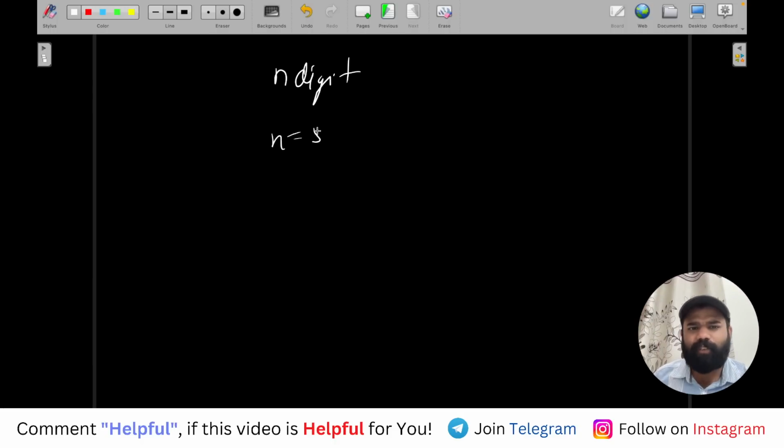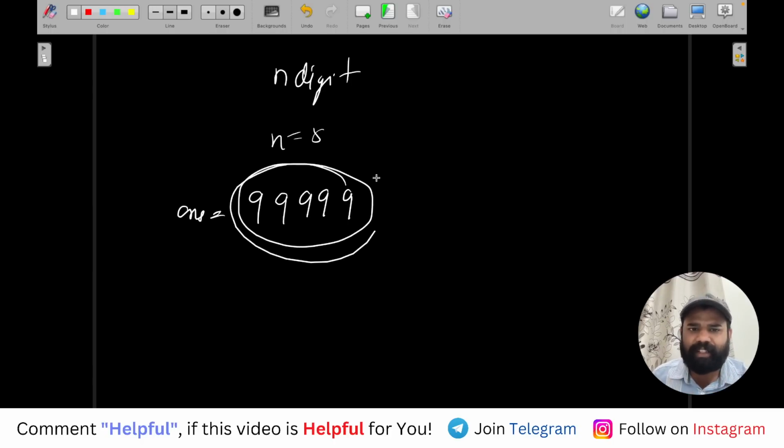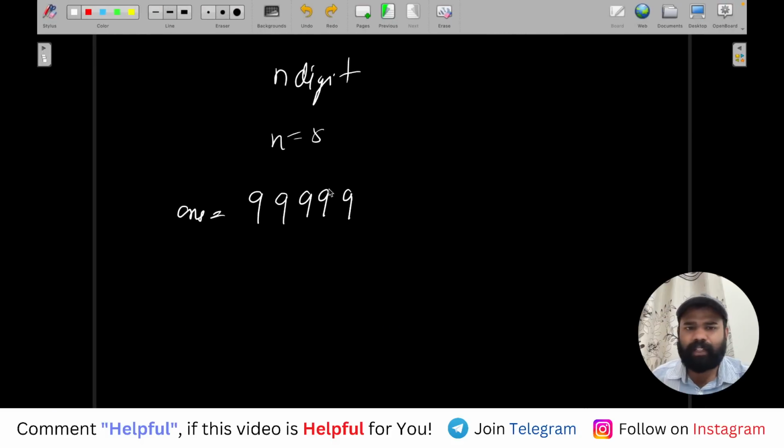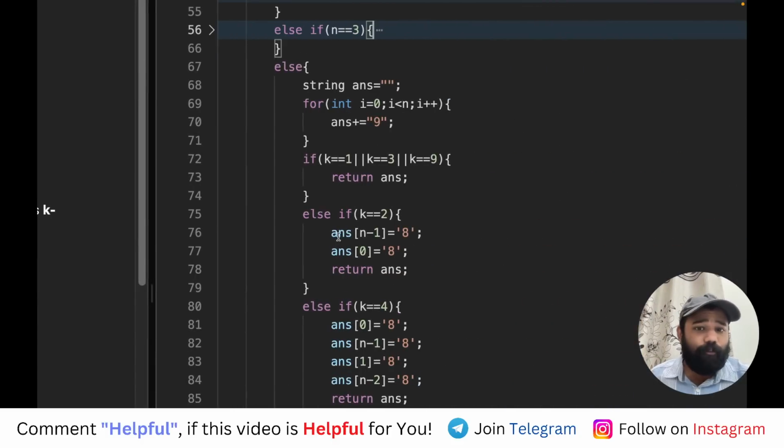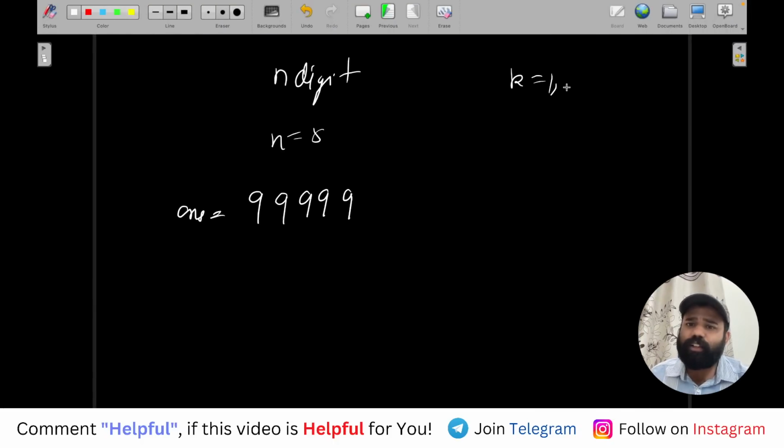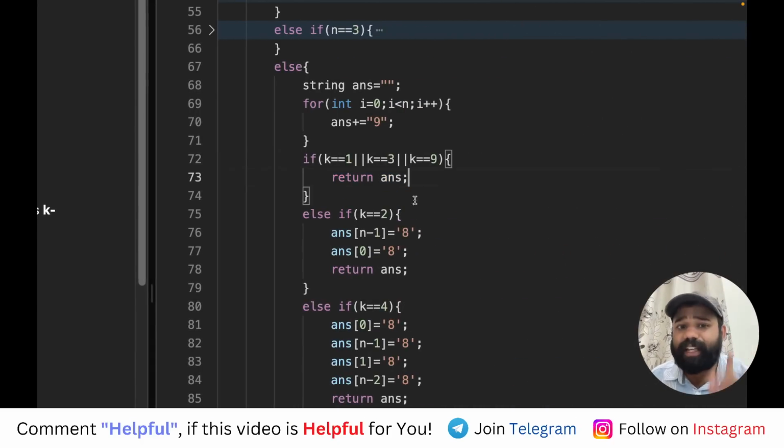Let's say if n is 5, it will be 99999. So initially in my answer I put this 99999. Now when my k is 1 or 3 or 9, as I discussed, my answer will be this only, 9 repeated n times. So I will return my answer as it is. If k is either 1, 3 or 9, this is the first logic: if k is any of these, simply return the answer. This should be clear.